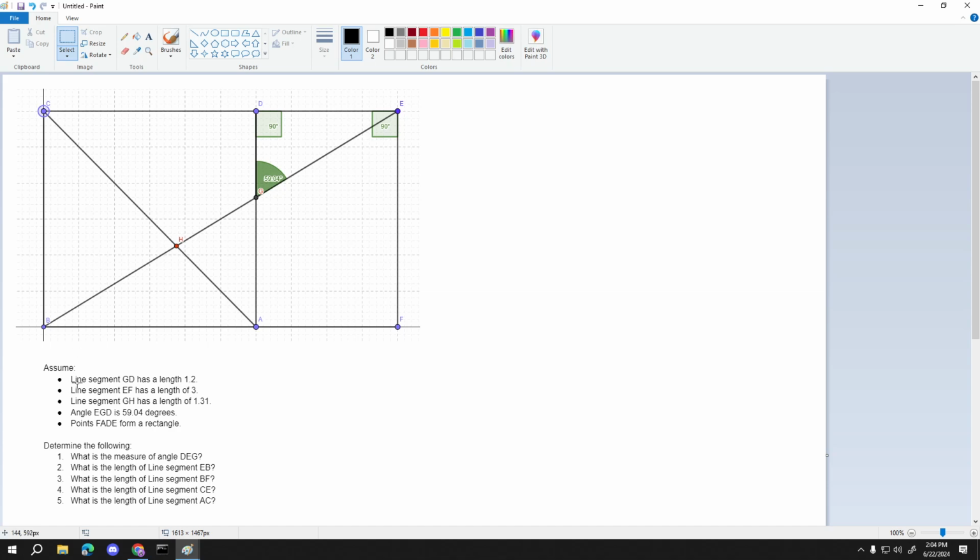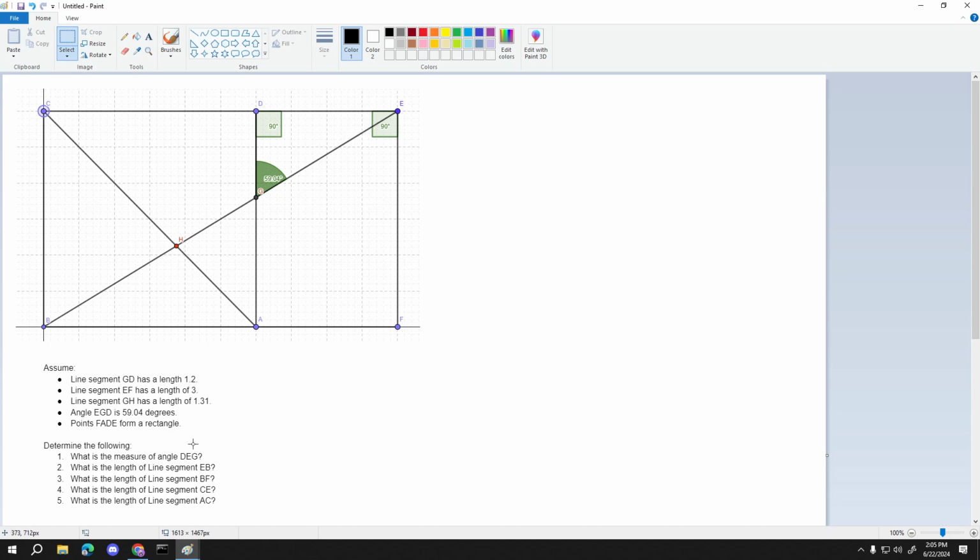So given we have a line segment GD, which is 1.2, we have a line segment EF right here of 3, and then line segment GH of 1.31. Angle EGD is 59.04 degrees, and FAD is a rectangle.